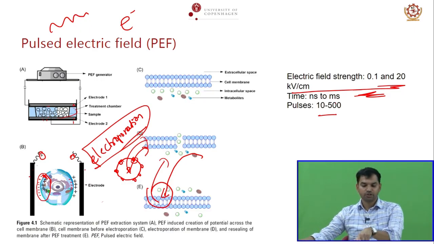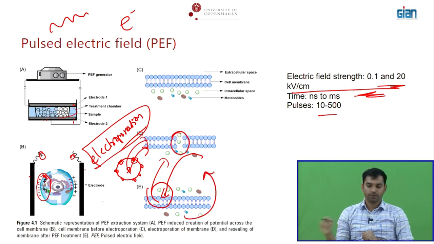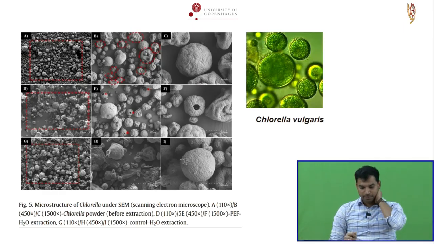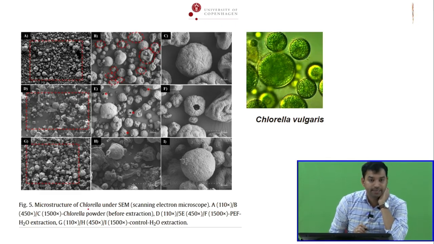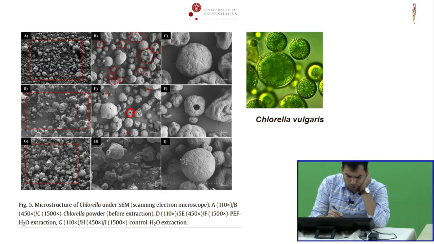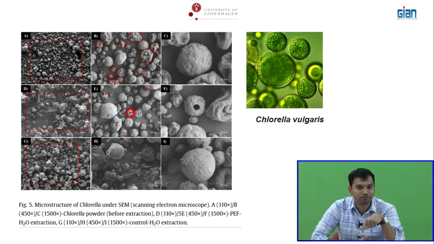I have some illustrations to show all these things. I have already explained how the membrane opens up here and the things from inside go outside. Okay. These are some examples, a microscopic image, just to show how Chlorella vulgaris cells will be damaged. I think in the paper they show that there is a hole formation here. I don't believe it exactly, it's really that hole because it looks so beautiful here.